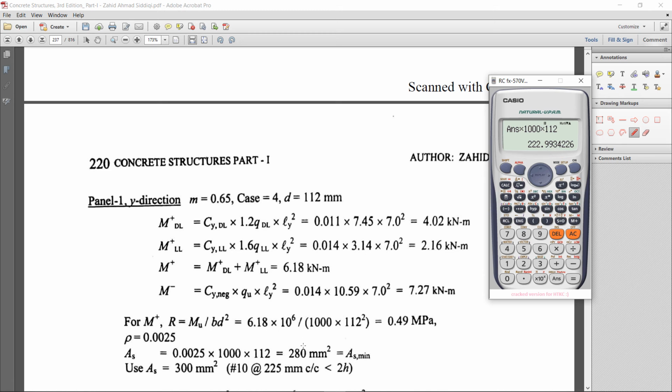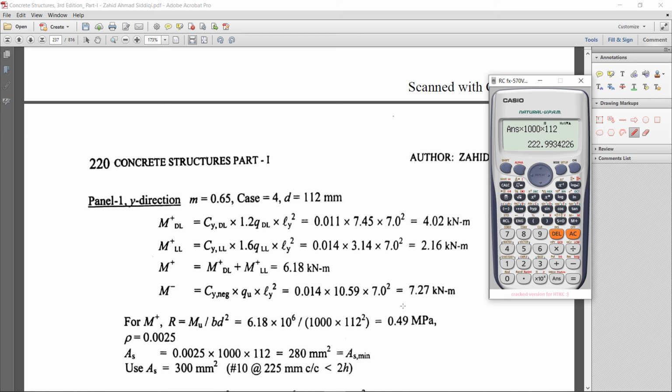Here the author has calculated 280 millimeter square, which is somewhat bigger. But I have checked the detailed calculations, and that value is wrong. This value is right, 222 millimeter square, but this area of steel is less than AS minimum. Our AS minimum is 300 millimeter square.